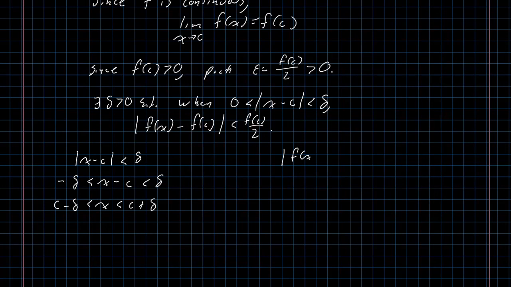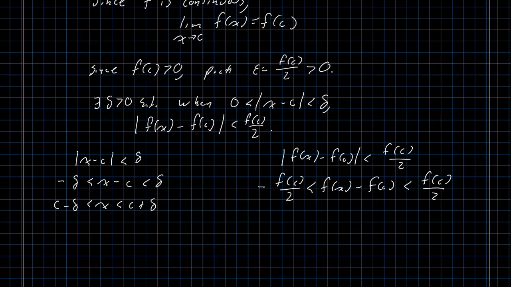Absolute value of f of x minus f of c is less than f of c over 2, which means that the opposite of f of c over 2 is less than f of x minus f of c is less than f of c over 2. Adding f of c to all three sides of this inequality gives me that 1/2 f of c is less than f of x is less than 3/2 f of c.